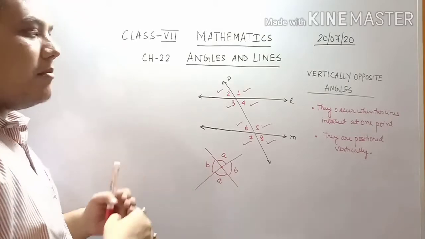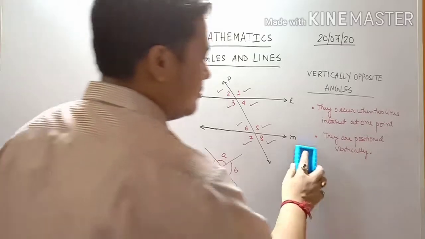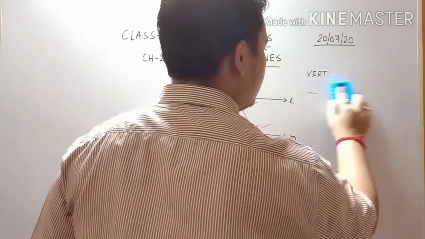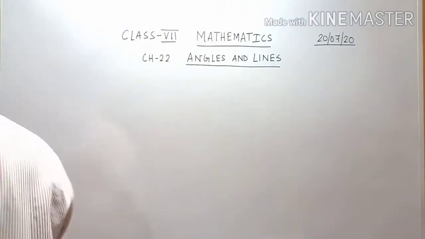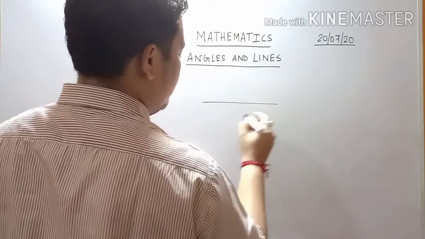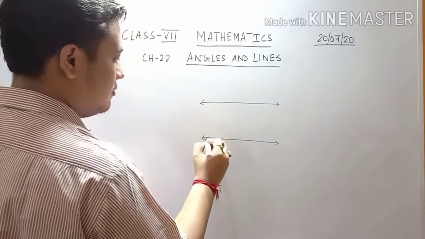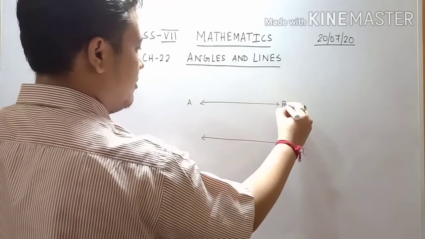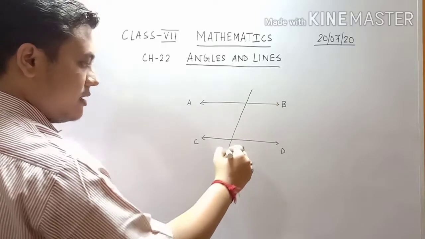Now let us combine all these angles in one diagram. Let us understand with an example. Now suppose you have two parallel lines A, B, C, D, as I have named them, and suppose the transversal is like this.